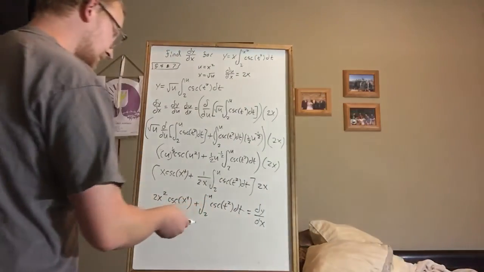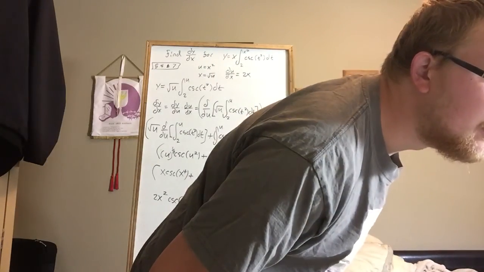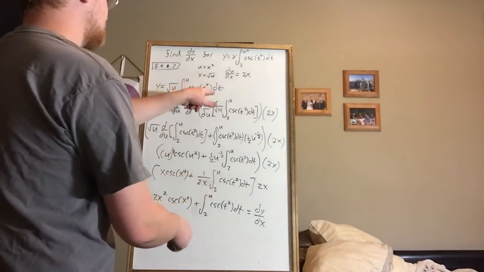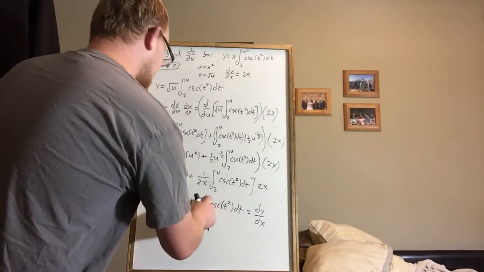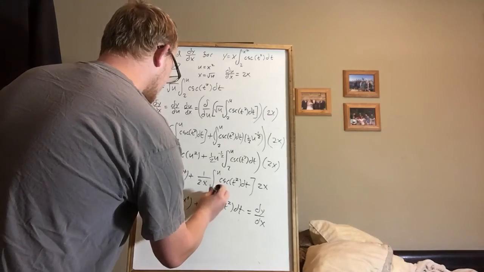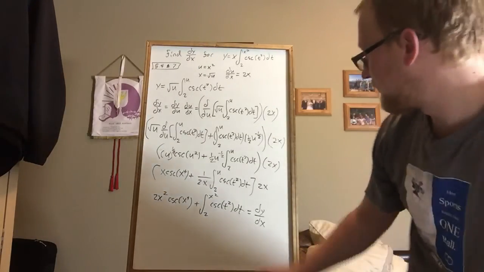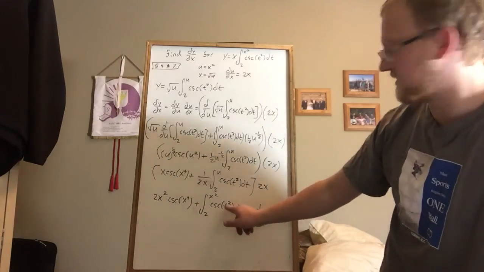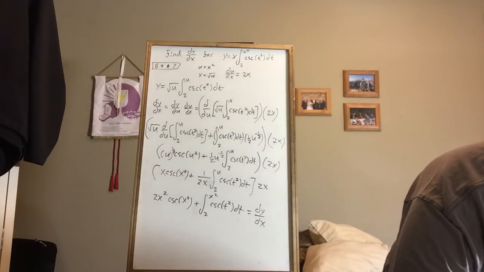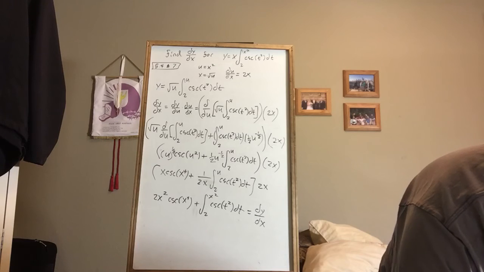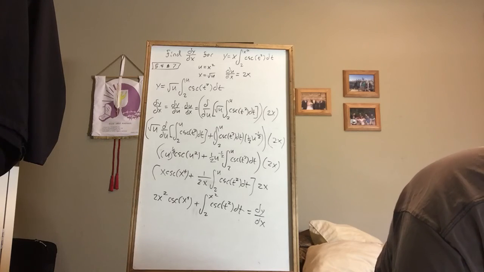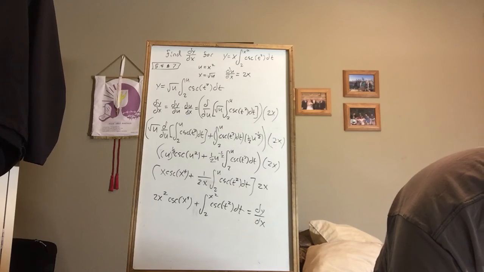Huh. Alright, let's see here. 2 to u. Oh, I see. This is 2 to x squared, right? Because u is equal to x squared. And it's cosecant t squared, not t to the 4. I plugged in t to the 4. Cosecant t squared, and it likes it.